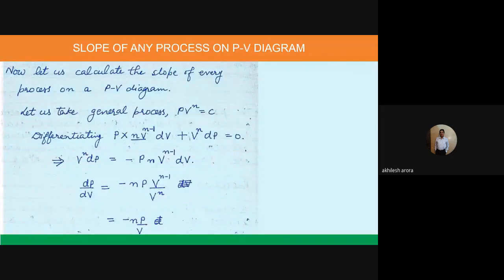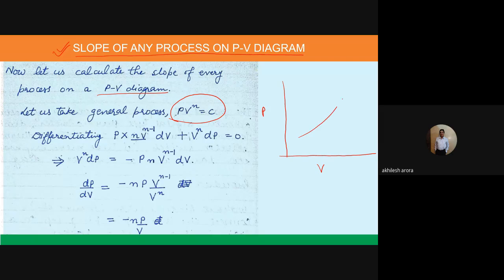So let us now calculate the slope of any process on PV diagram. So the best thing is that we consider some general process which is PV raised to power n is equal to constant. I can consider any process.